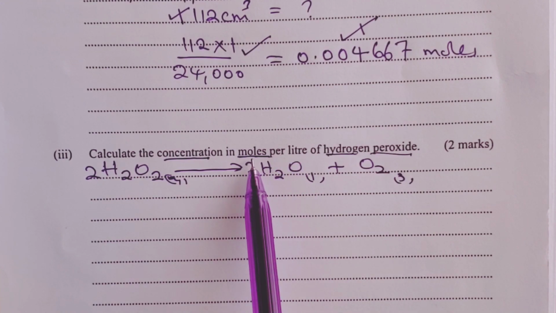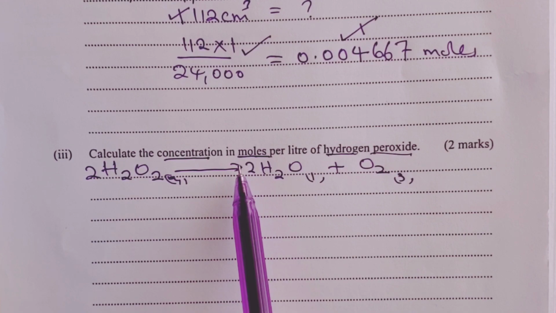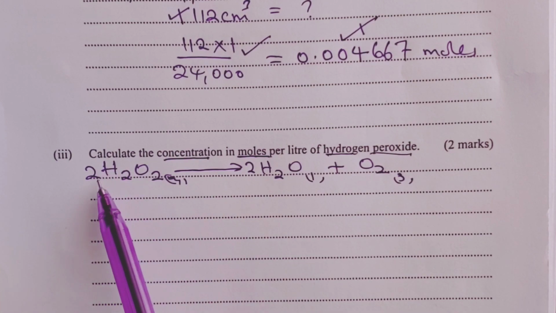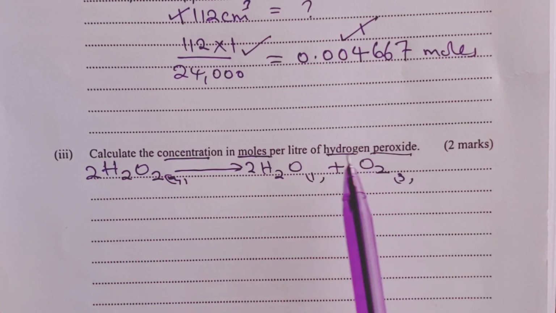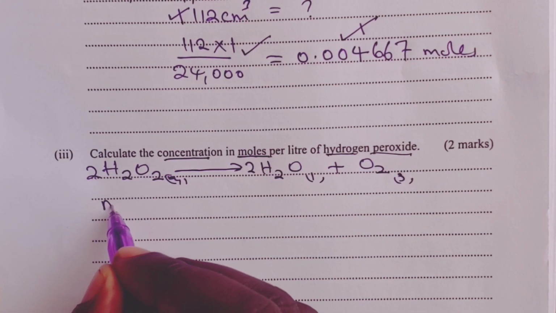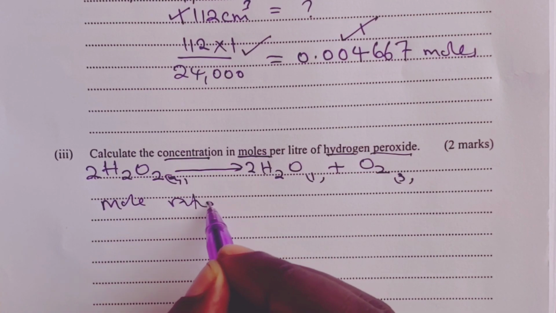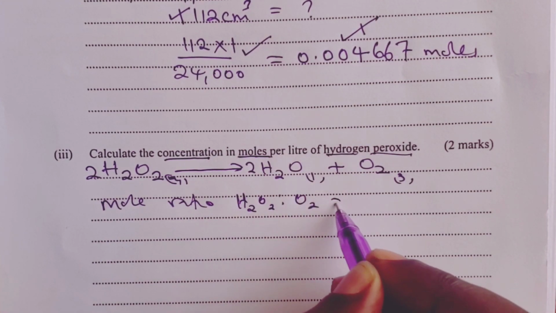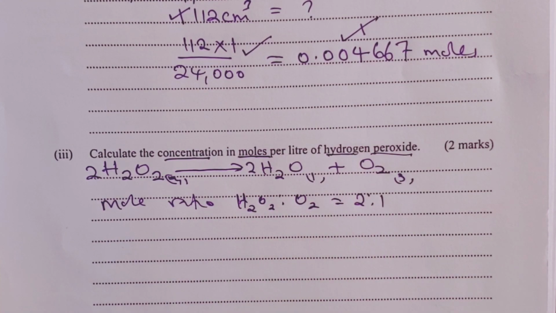To get the answer here, we need to start by getting moles of hydrogen peroxide that were used. And you can see from the equation, the mole ratio is 2:1. So we begin with that. Mole ratio between hydrogen peroxide and oxygen is 2:1 as per our equation.